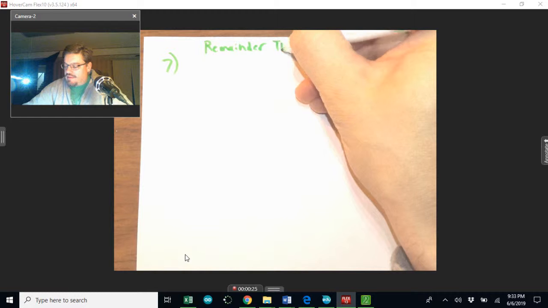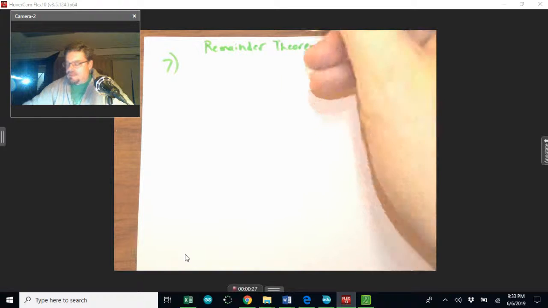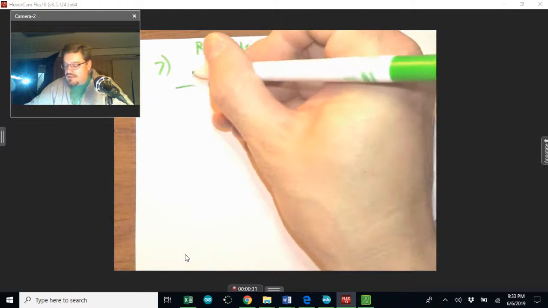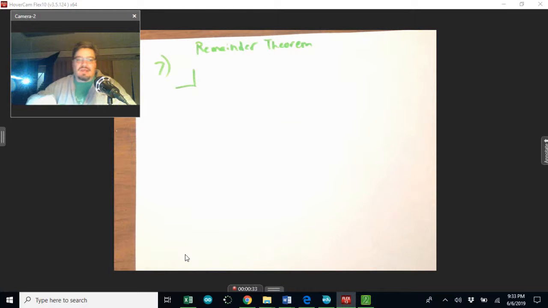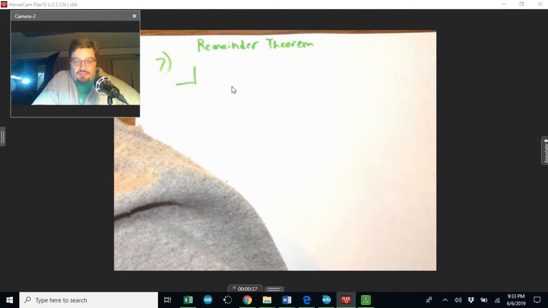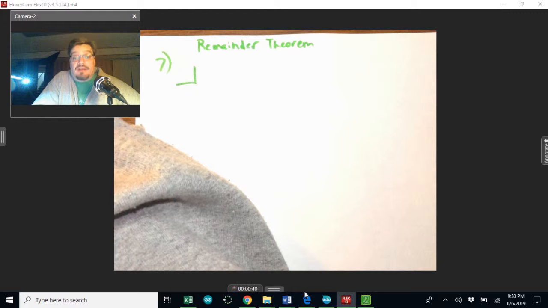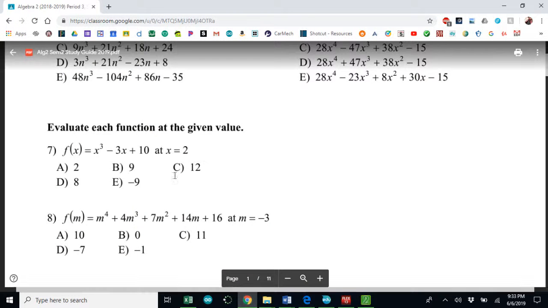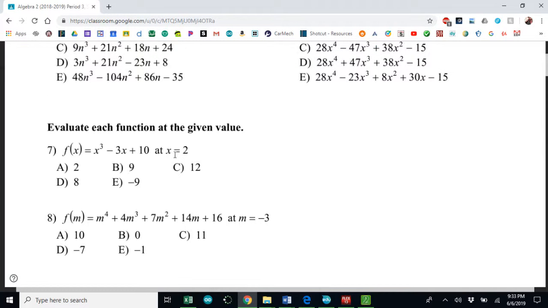Alright, so the remainder theorem, and I pretty much talked to a lot of you about this, but this is basically synthetic division. The remainder theorem says that when I apply the exact number, it's right here, when x equals 2, when I put 2 in the window, I'm actually evaluating it.